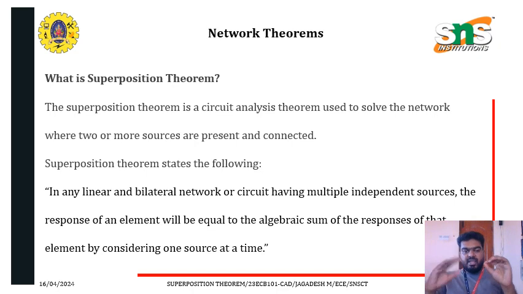In the next step, we enable the other voltage source, V2, by disabling the V1 voltage source, and find the current value in the particular resistance. Finally, you add both the current values together. That will give the value equal to the two voltage sources acting in the circuit diagram. So this is the superposition theorem.